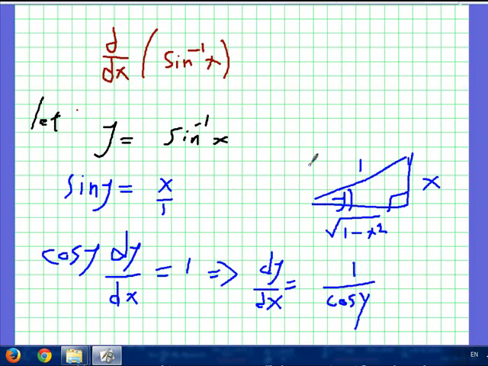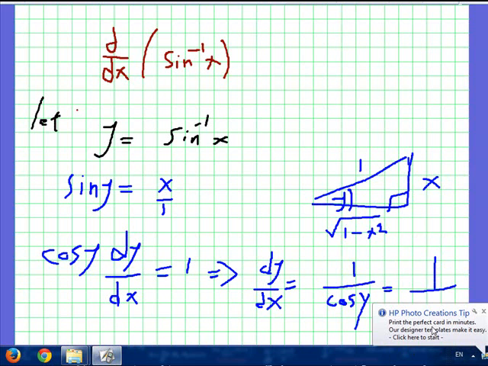But cosine y from this triangle will be adjacent over the hypotenuse. So it will be 1 over cosine, with hypotenuse 1, which is root of 1 minus x squared.